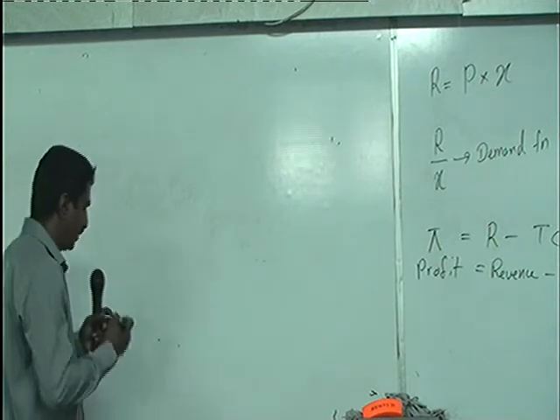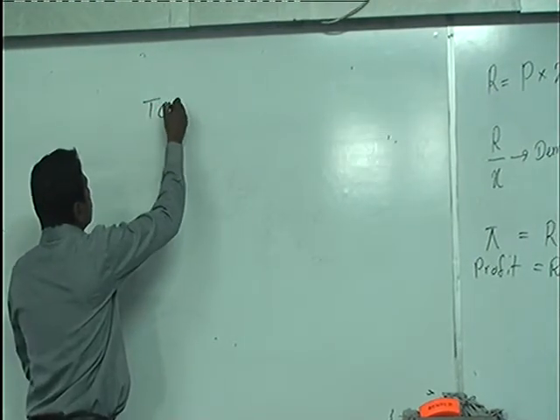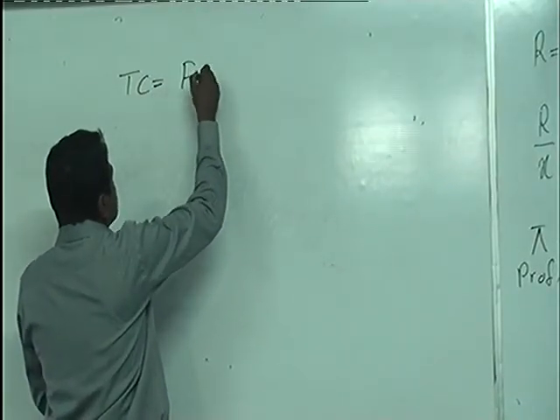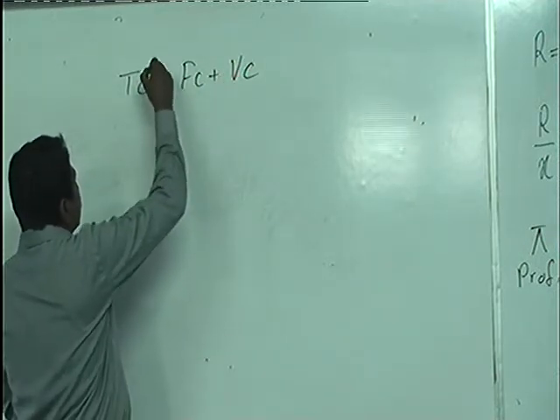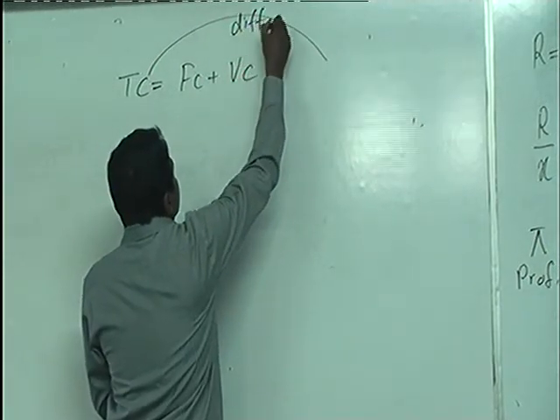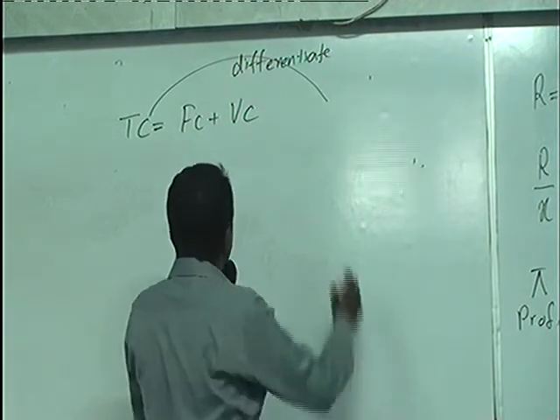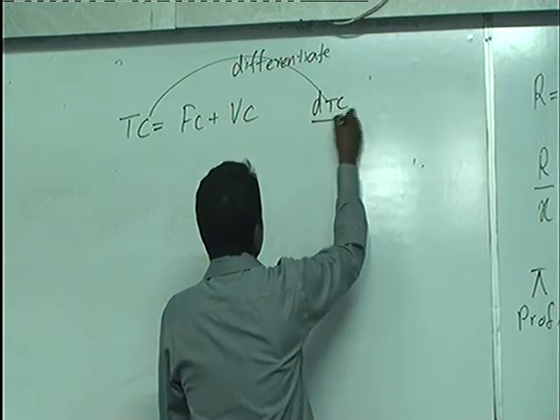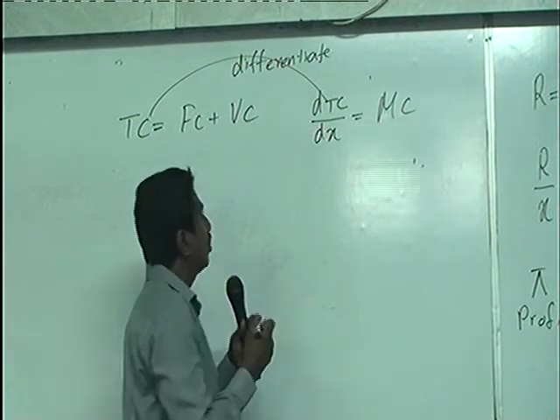So I'll write here the total cost, that is fixed cost plus variable cost. When you differentiate the cost function, you are getting marginal cost, dTC by dx. So that is called MC, marginal cost.